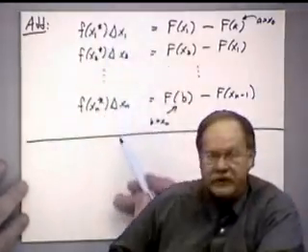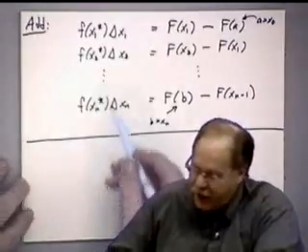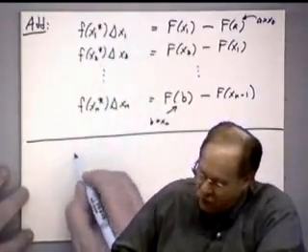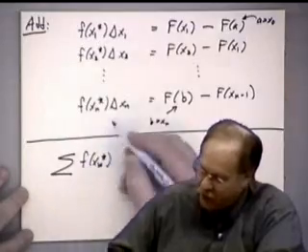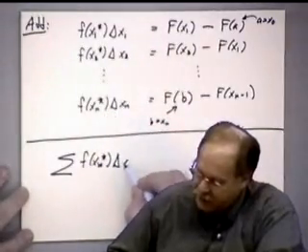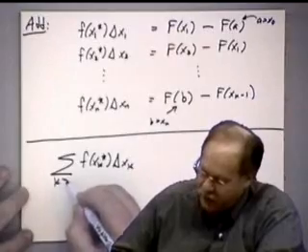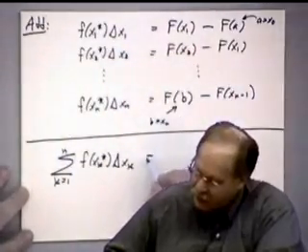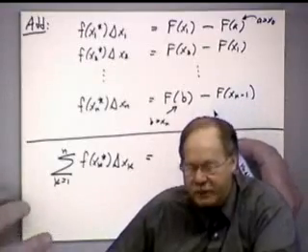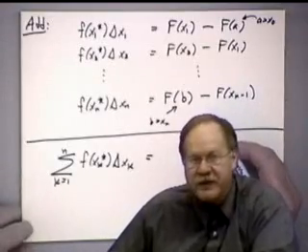Now we want to add these all up. What will happen? On the left-hand side, we get the sum of the f of xk stars, they're all the same format, times delta xk, where the k goes from 1 to n. You see? 1 to n. On the right-hand side, something very nice happens. We have a collapsing sum.